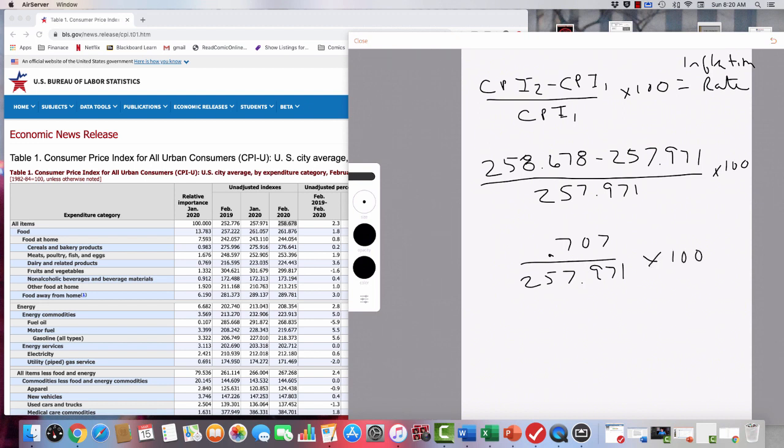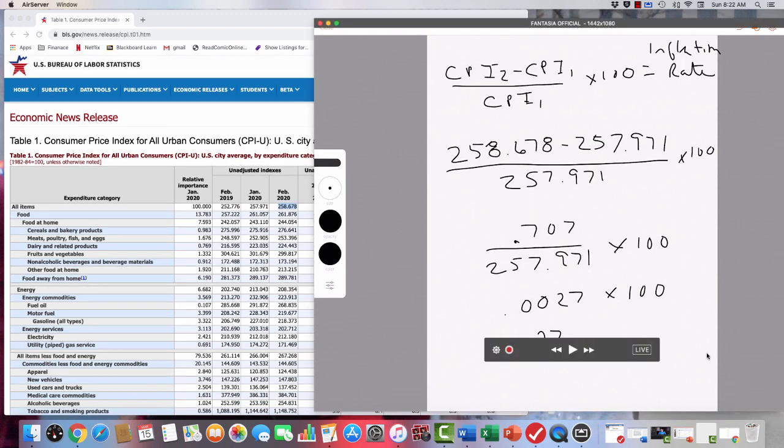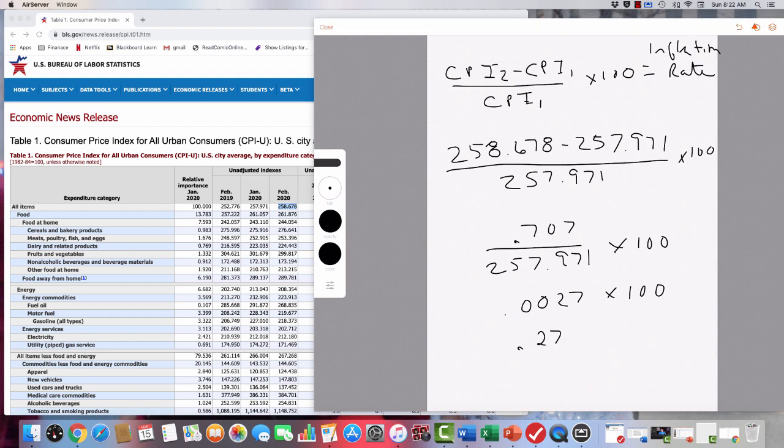And that gives me 0.0027. And if I multiply that by 100, I get an inflation rate of 0.27. So 0.27 should be my inflation number.